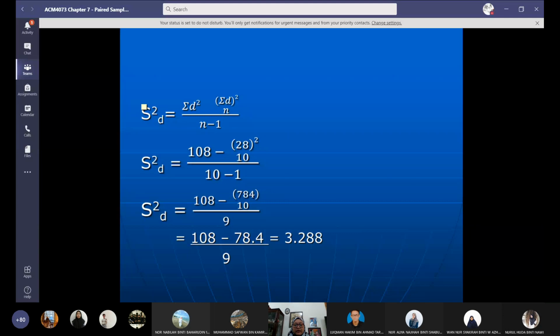Now let's calculate 28 squared. 28 times 28 is 784. 784 divided by 10, and N, 10 take away 1 is 9. Proceed: 108 take away 784 divided by 10.